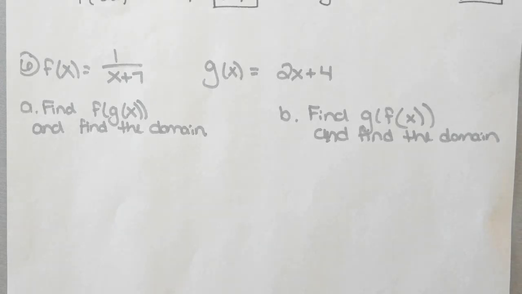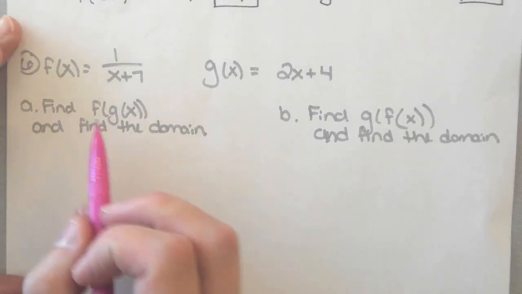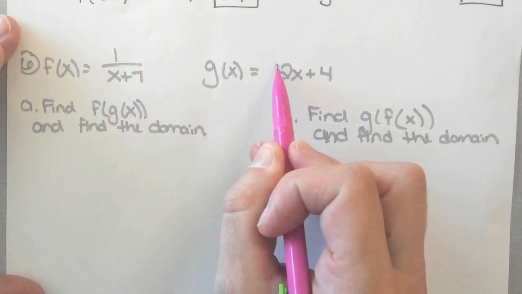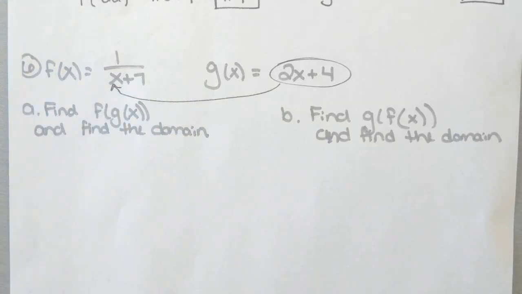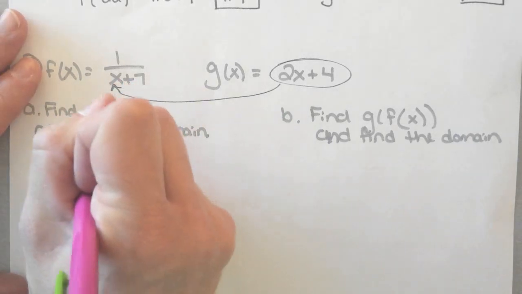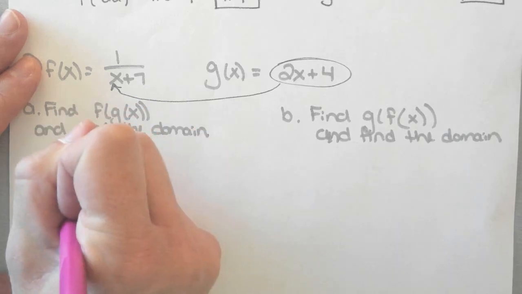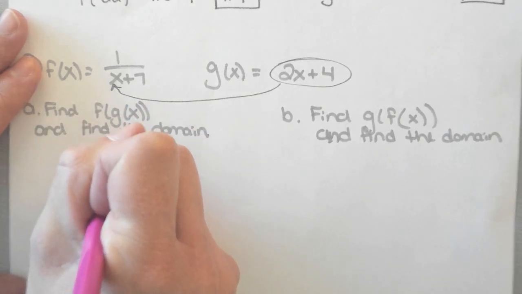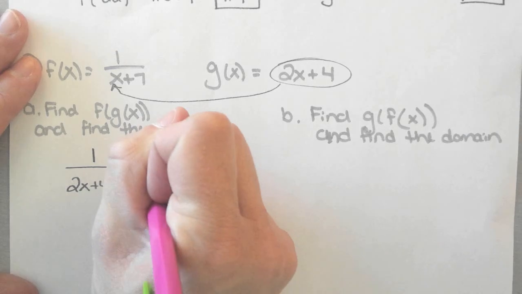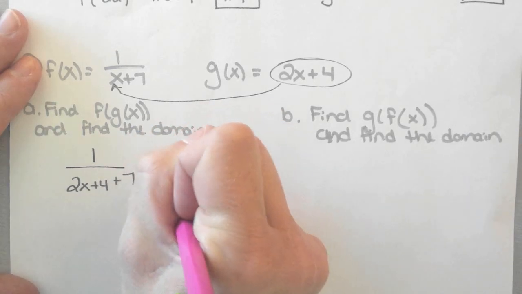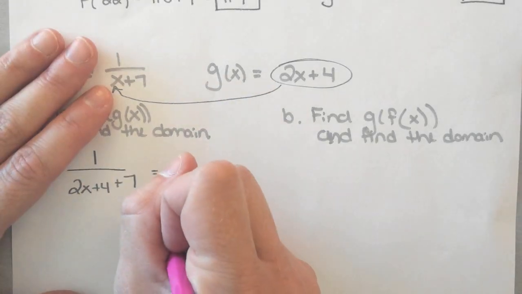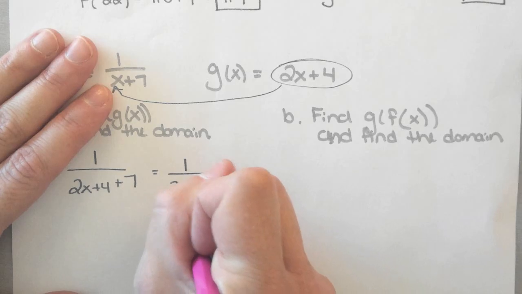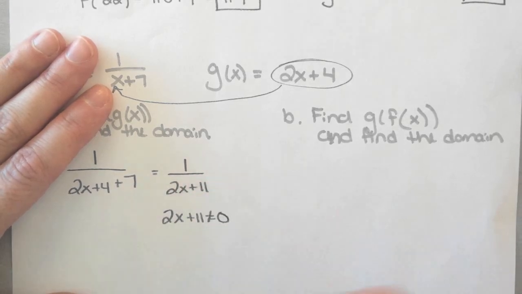Okay. For this one, f of g of x. So you're taking g of x and plugging it into f of x wherever you see an x. So this one becomes 1 over 2x plus 4 plus 7. So truly it's 1 over 2x plus 11 when I simplify. What can't my denominator be? 0. So 2x plus 11 cannot be 0.